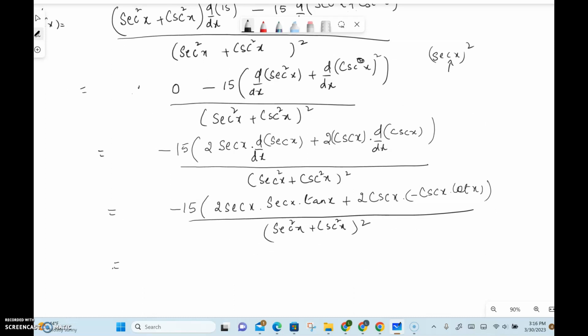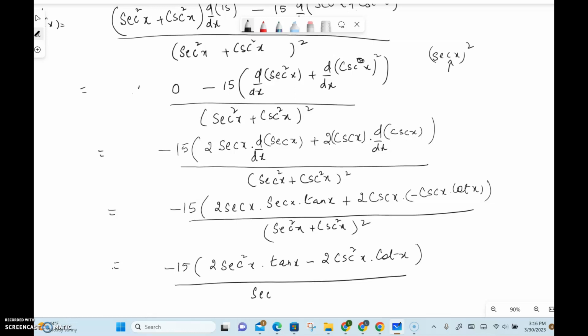And this is equal to minus 15, and this is 2 secant squared of x times tangent of x minus 2 cosecant squared of x times cotangent of x, over secant squared of x plus cosecant squared of x the whole squared.